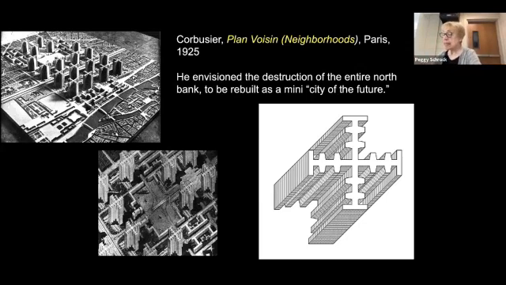Now, a lot of these ideas, and not just his, but a lot of these plans for these utopian communities where everything is alike, are also rooted in the politics of the time. You had had the Russian Revolution in 1917. There were a lot of communists in Western Europe.